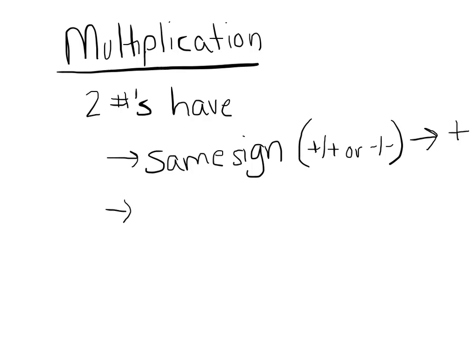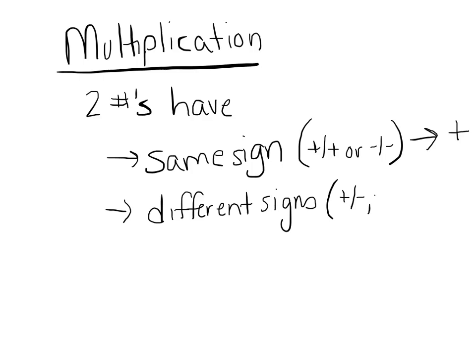But if the two numbers have different signs, okay, and we're talking if it's positive and a negative or a negative and a positive, the order doesn't matter, our answer is going to be negative, okay? And I'm going to add this to include division as well.